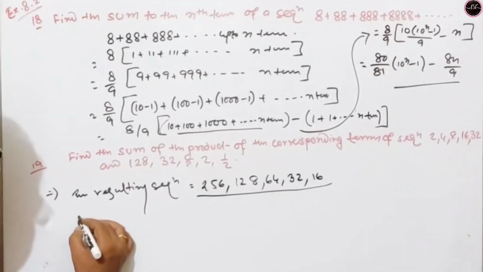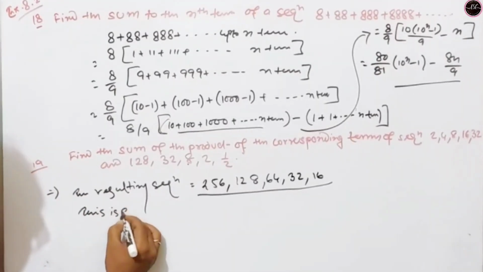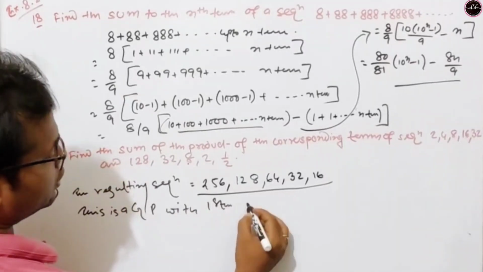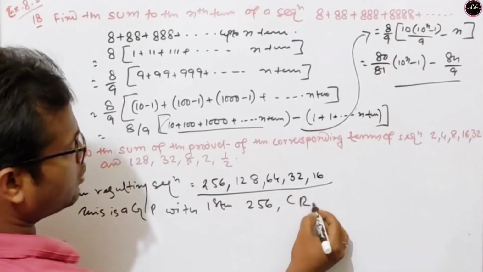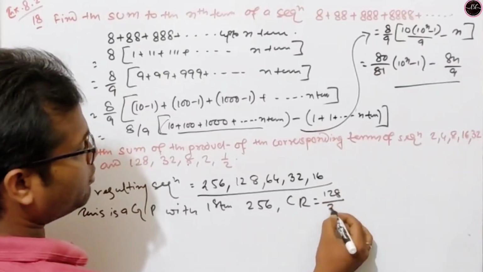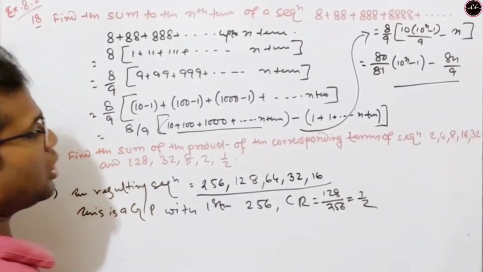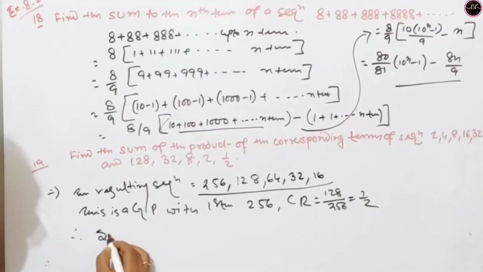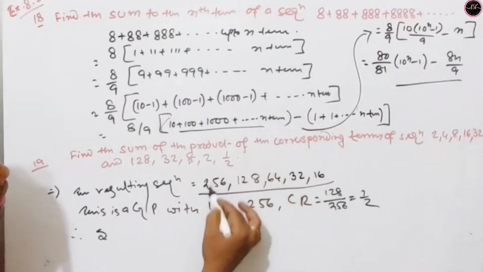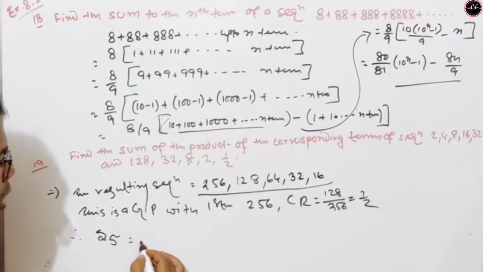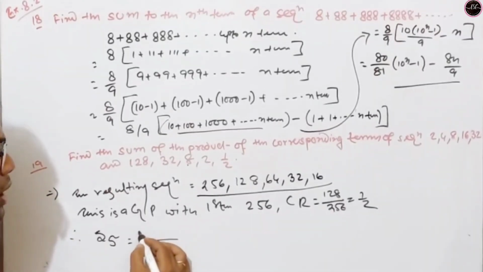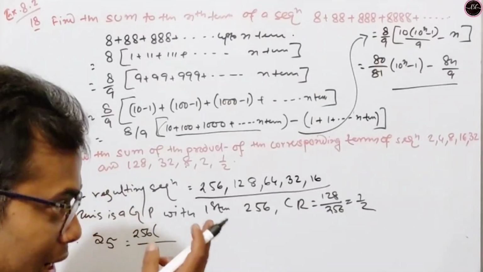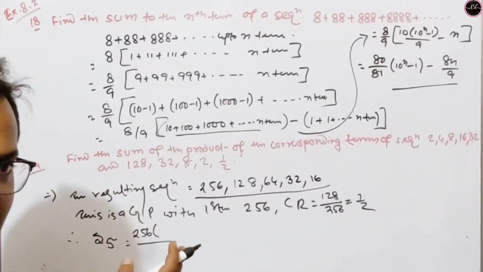So this is a GP with first term 256 and common ratio equal to 128 divided by 256, that means 1 by 2. Okay, so therefore sum S, here how many terms? 5 terms. So S5 equal to a into, a equal to 256. Here 1 minus r to the power n, as r less than 1, as r equal to half.